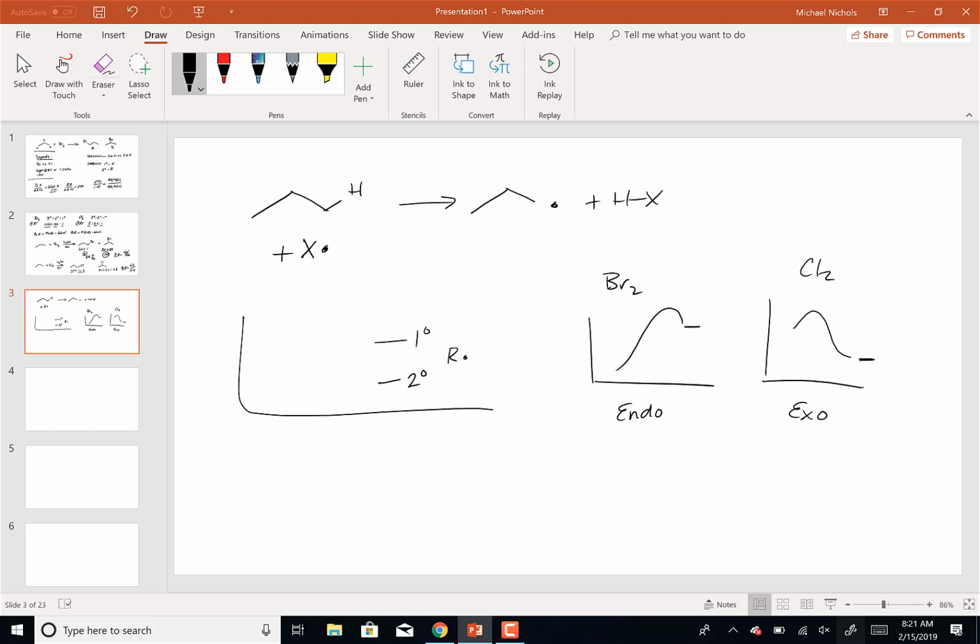Which one has the bigger transition state energy? No, sorry. Modify my question. Which one has the bigger activation energy? Exo or endo? Just say it. Endothermic has a larger activation energy than exo. Which one should go faster? Exo. The exo reaction should occur faster.